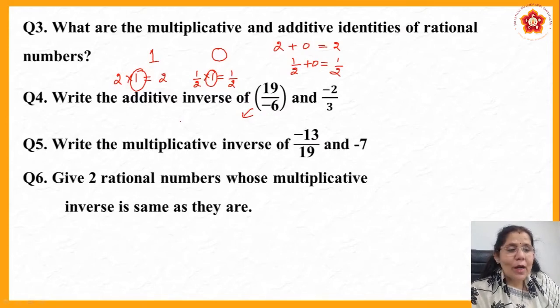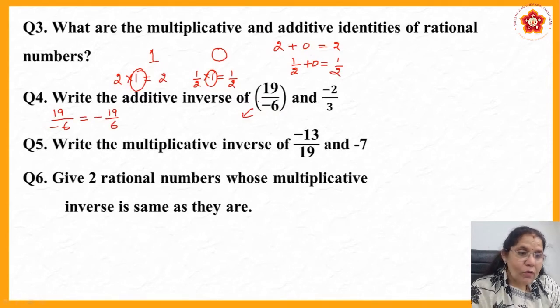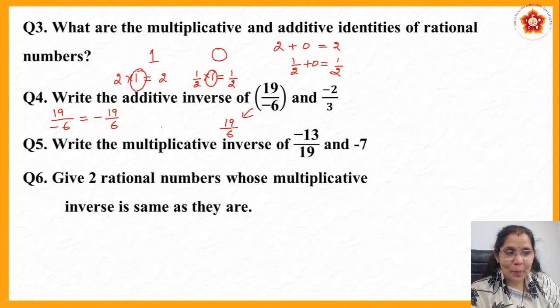What is the negative of the number 19 upon minus 6? I had told you when we write it as 19 upon minus 6, it is the same as minus 19 upon 6. So what will be the additive inverse of 19 upon minus 6? It will be plus 19 upon 6. You just have to write down the negative of that number. Negative of minus 19 upon 6 is plus 19 upon 6.